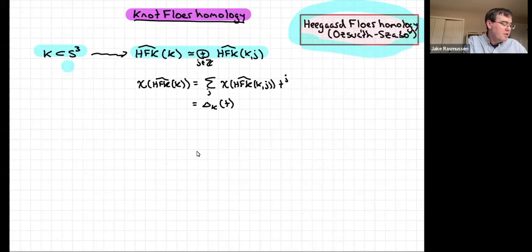If I take the graded Euler characteristic of the knot Floer homology, in other words, if I take the Euler characteristic of each of these summands HFK hat of K comma J and form a generating function of those Euler characteristics, then I get the Alexander polynomial.